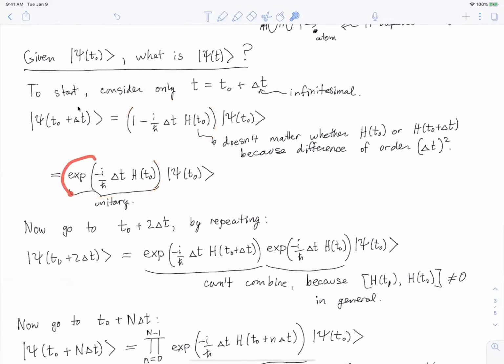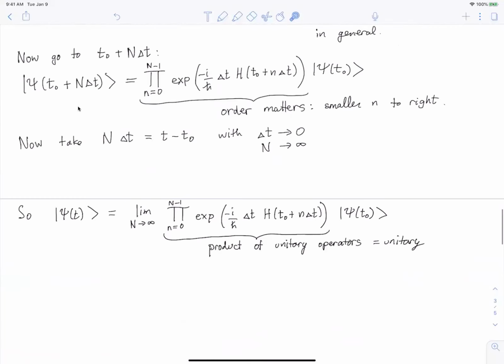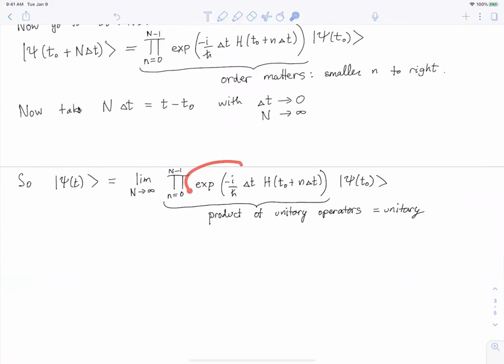Just writing it as a unitary operator and then carrying it through, now we have a product of unitary operators, and it's manifestly unitary. It would have been the same if I'd left it as 1 minus i over h bar blah, blah, blah, but it wouldn't have been so obvious that it was a unitary operator. And here it's sort of built in.